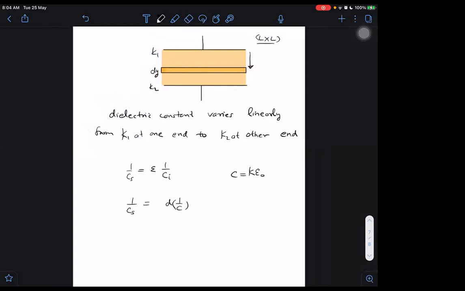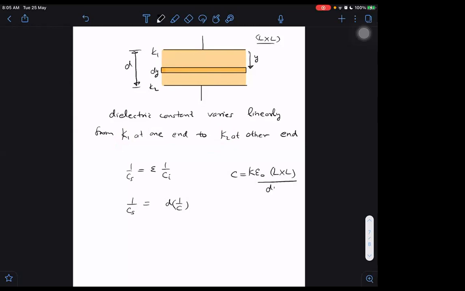The gap is, let us say, D. K I have to find using the information that it varies from one end to the other as K1 to K2. Let me write it as K at a distance y from one end. So K epsilon naught into area, area is L into L, divided by width.